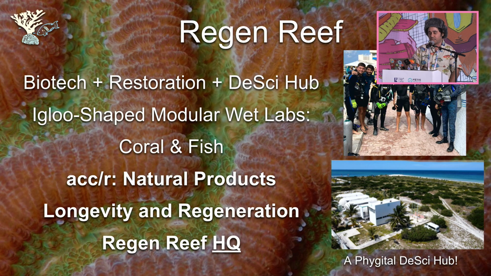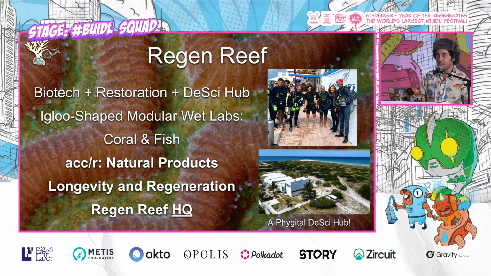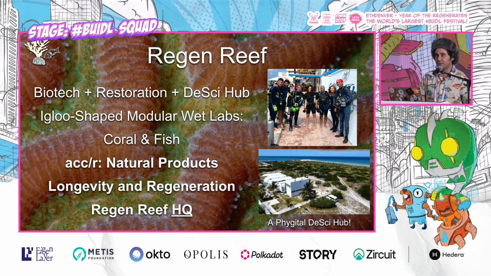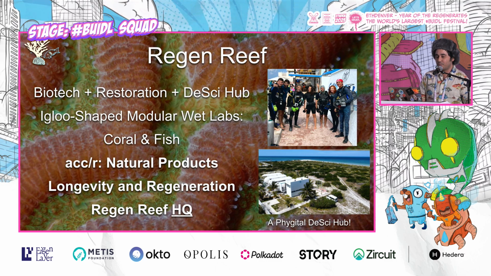This is our main product, essentially. We want to leverage biotech, marine biotech, and research with some restoration with a socioecological component, and essentially create a DeSci hub worldwide, because many people are quite interested in getting involved, and we need to create a new coordination mechanism using these Web3 tools.